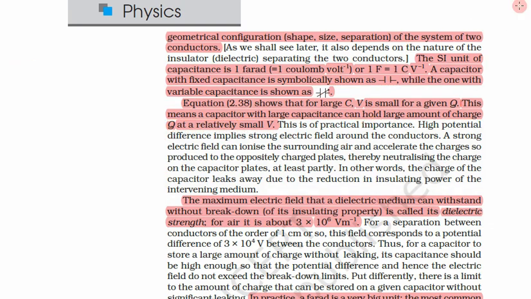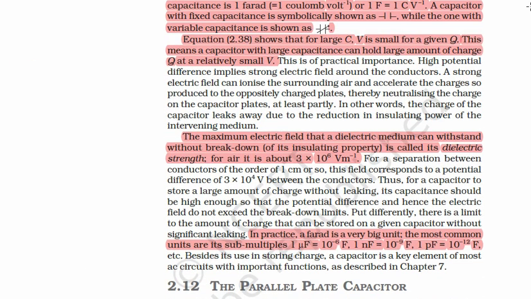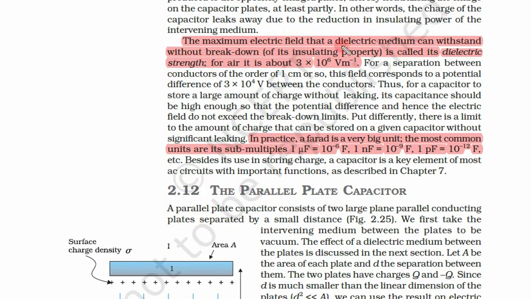Now a few other notes. The maximum electric field. We have seen the capacitor, but if the electric field is quite high, it cannot withstand. The maximum electric field a dielectric medium can withstand without breaking down, that means without destroying, is called dielectric strength.